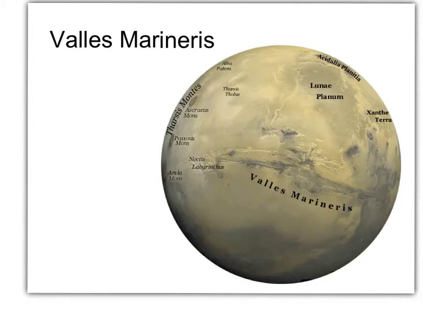So we're going away from impact processes for a little bit here. With Valles Marineris, we've got this huge Grand Canyon stretching across the western hemisphere of Mars.